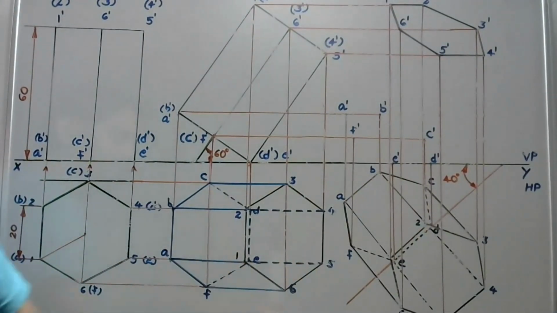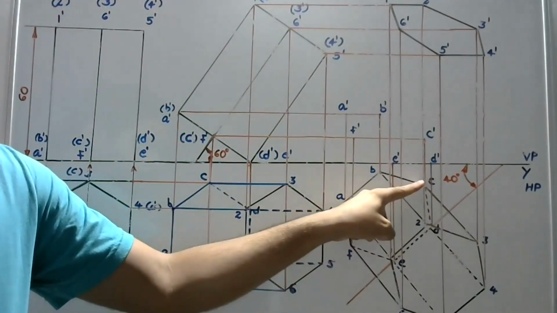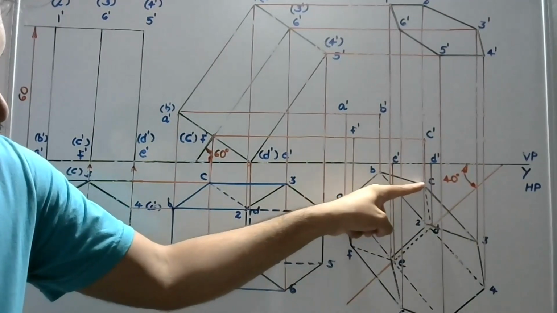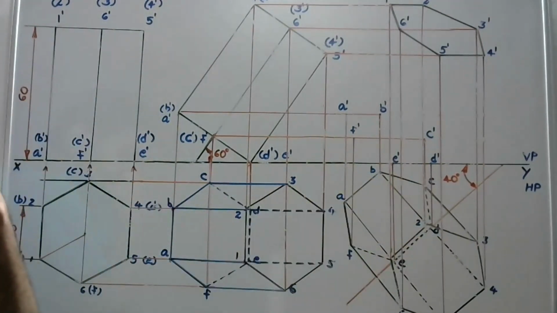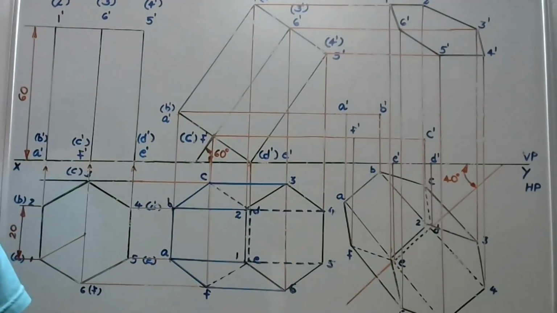And the lines connecting C also, C3, CB, and C2 are invisible in the front view.